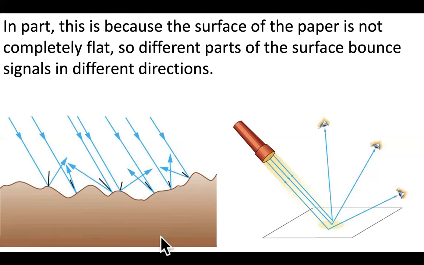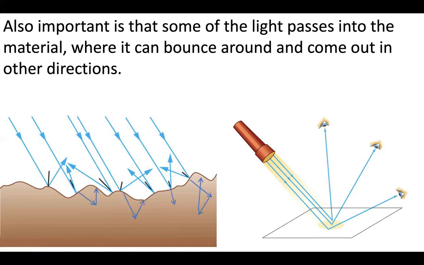The thing is, something like paper, the light doesn't just bounce off the surface. It also, some amount of light goes in. We'll talk about this when we talk about refraction. As the light gets into the material, it starts interacting with various parts of the material. It can bounce around in various directions until it reaches the surface and then it comes out again.